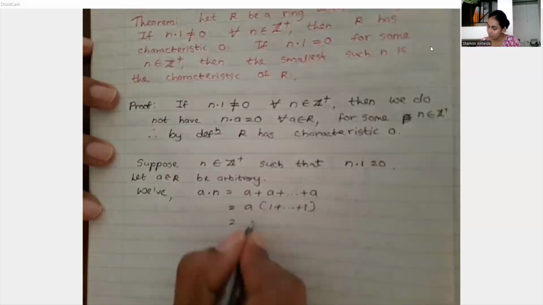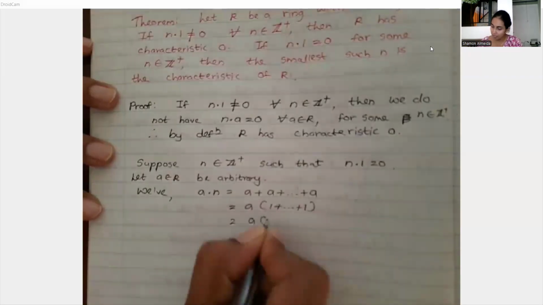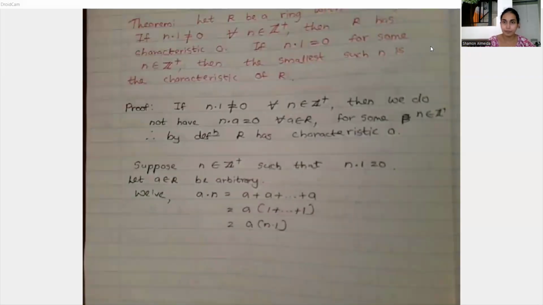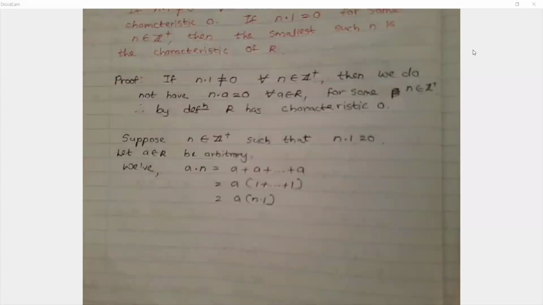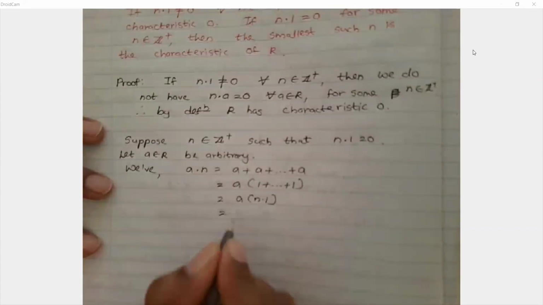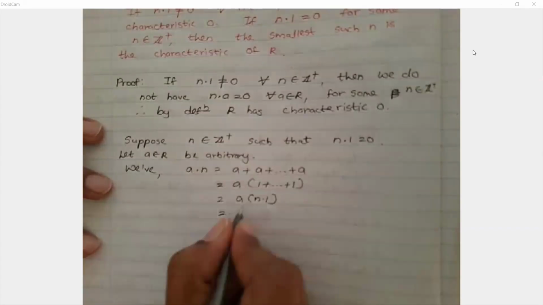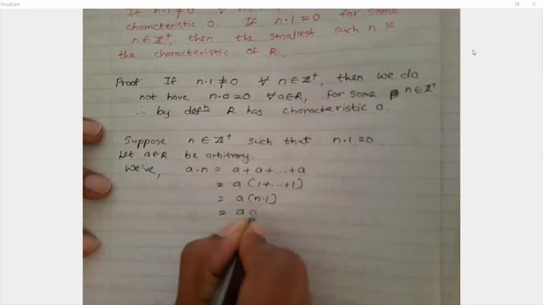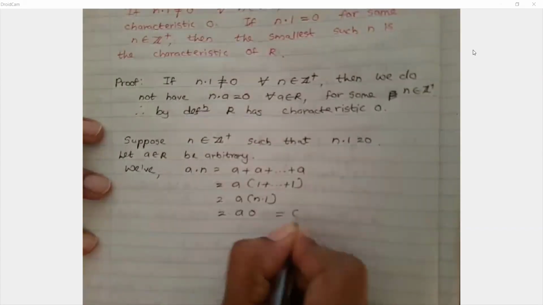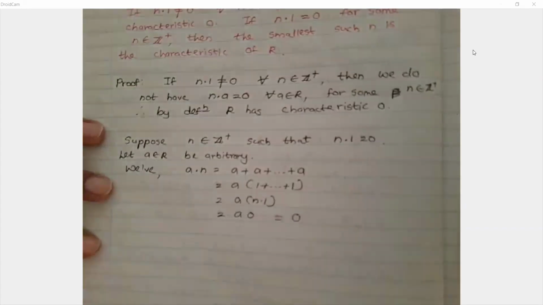So we have a times n times 1. Now we know that n times 1 is 0, so we have a times 0. We know from a previous theorem that this is equal to 0. And we are done.